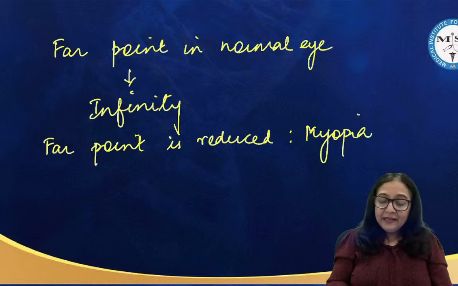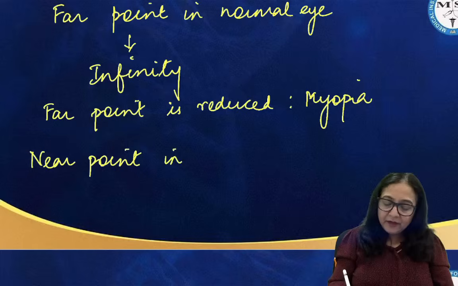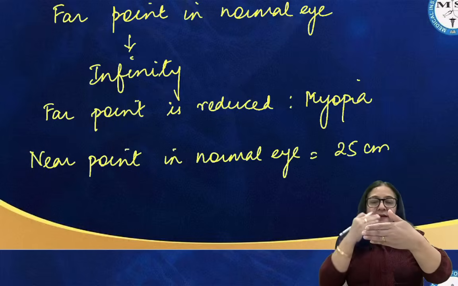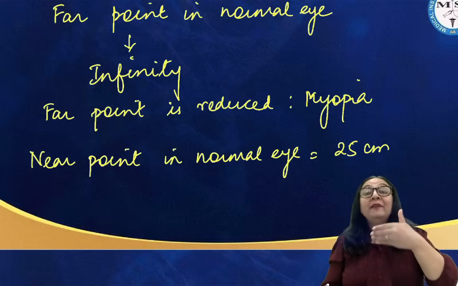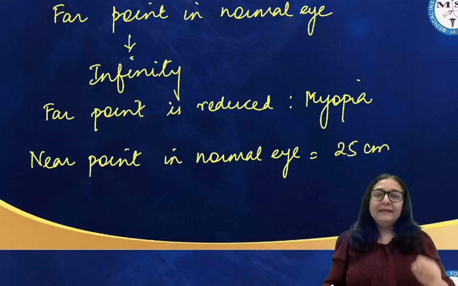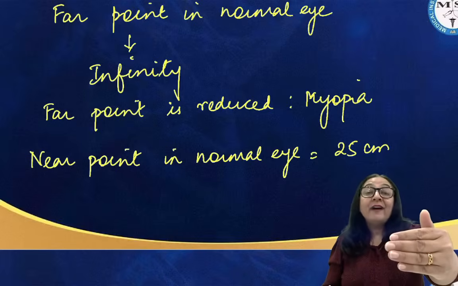The near point of the normal eye, using our accommodation, is 25 centimeter. So a normal young person will be able to see clearly if anything is kept at 25 centimeter from the eye. But with age, there is loss of accommodation. Similarly, in hypermetropes, the near point is farther.